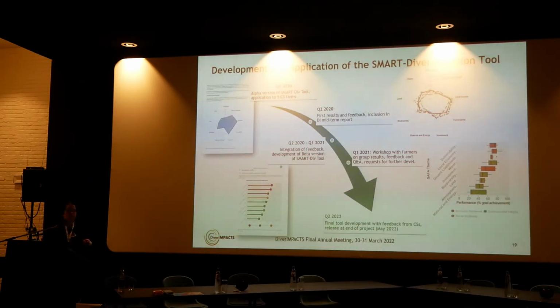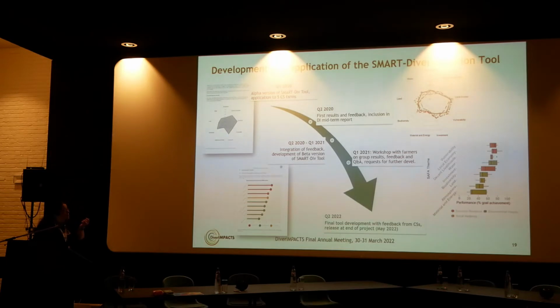It was interesting because in this case it's useful to have the feedback from the users and to include it in the second version that was delivered at the end of 2020.